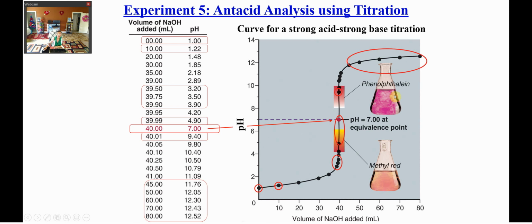The color for this phenolphthalein in a very weak base becomes pink. If you use methyl red, it becomes a yellowish color, and afterwards you no longer see the major pH change because you have a basic solution.